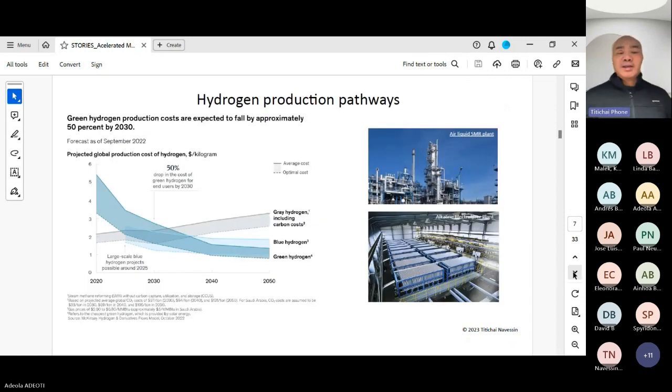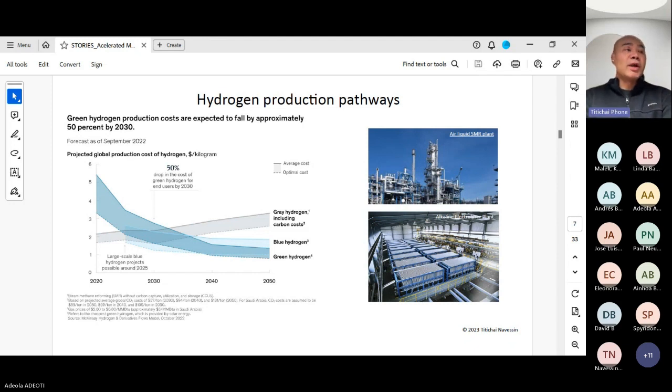Perfect. Okay. The next one is about hydrogen production pathways and the price. If you look at 2020, that's where we are now. Most of the blue and green hydrogen is hydrogen made from electrolysis. Blue hydrogen is made with carbon capture, and green hydrogen is the one made from 100% renewable electricity.